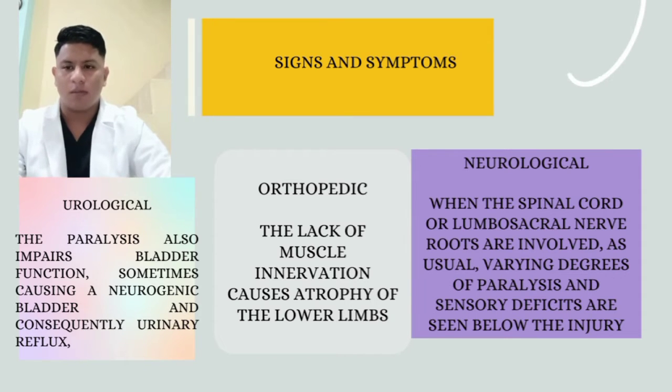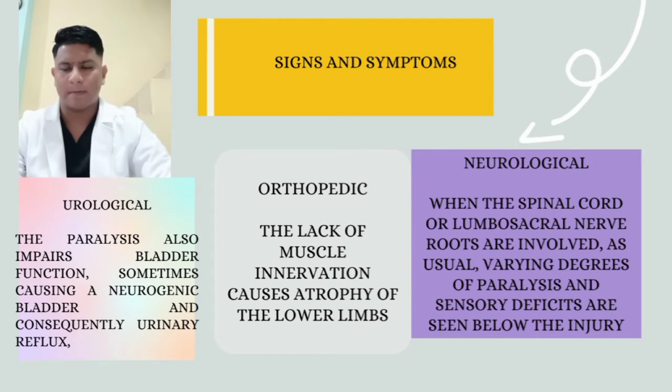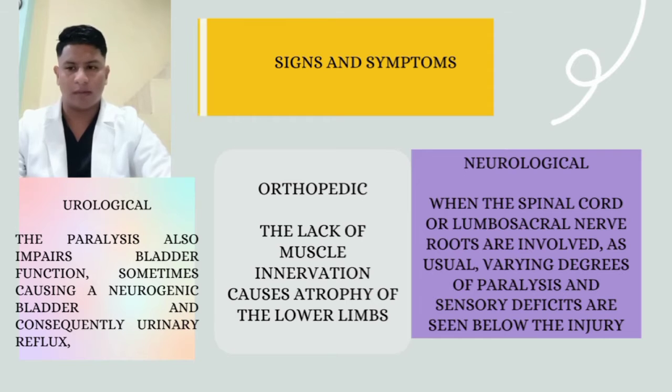Hydrocephalus may cause minimal symptoms or increased intracranial pressure. Brainstem involvement can cause manifestations such as stridor, swallowing difficulties, and intermittent apnea. Orthopedic: the lack of muscle innervation causes atrophy of the lower limbs, and paralysis affects the fetus.